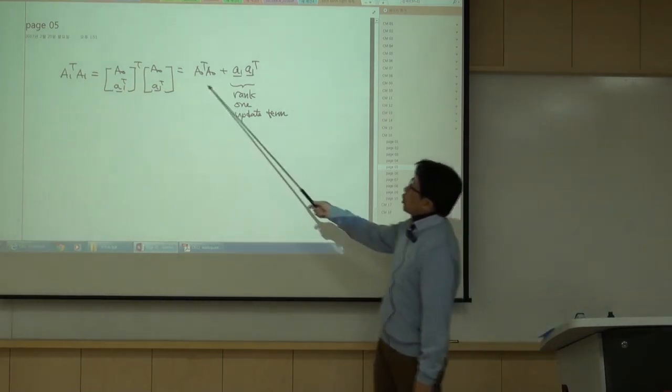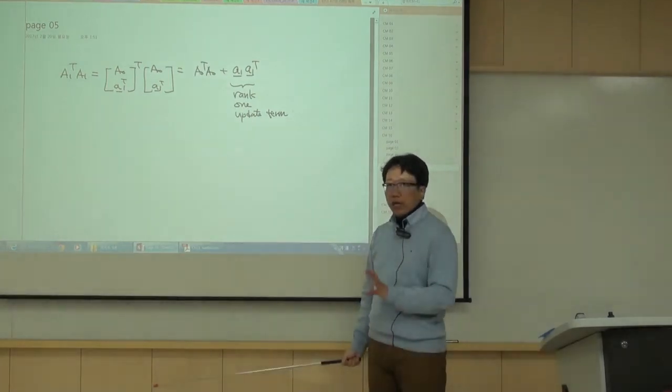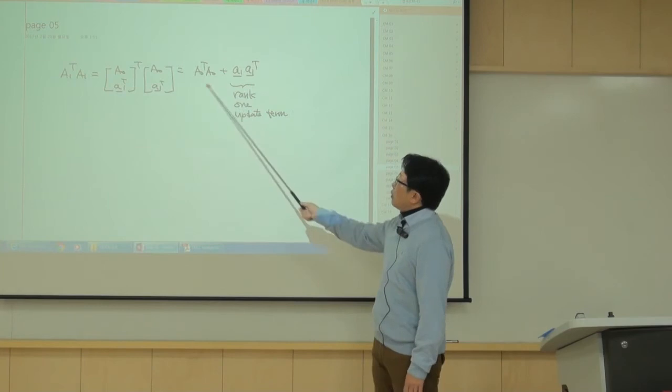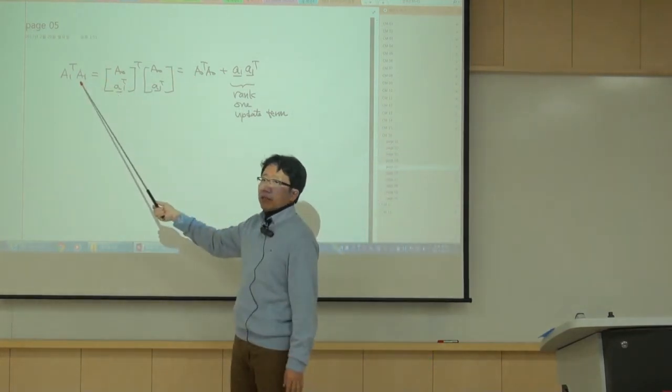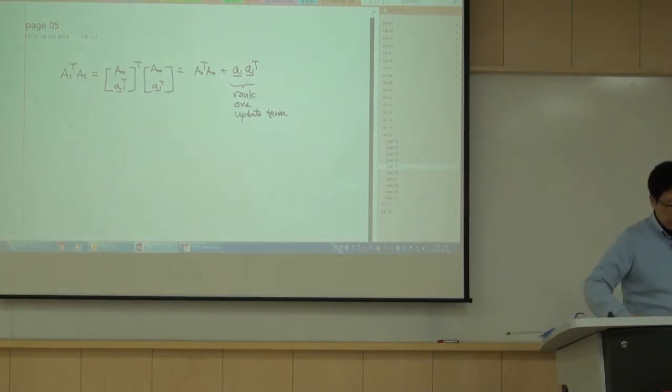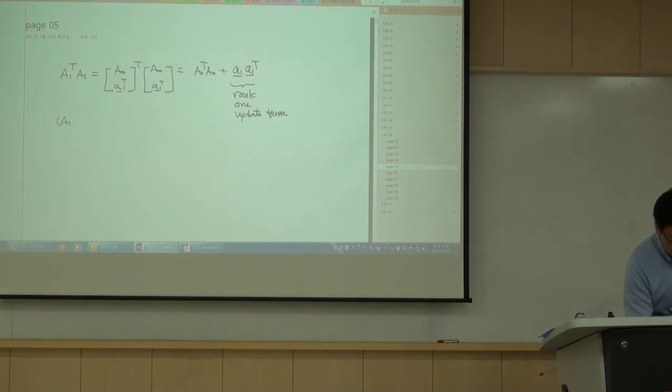So our initial Gramian matrix has full rank. Then the next one has full rank. Now, the trouble is that we need to invert it.